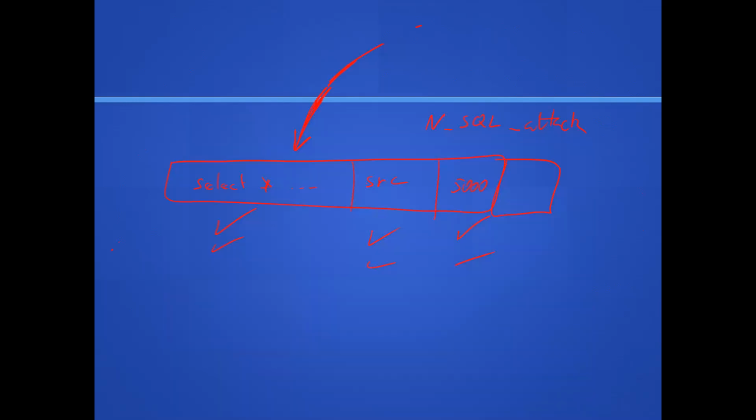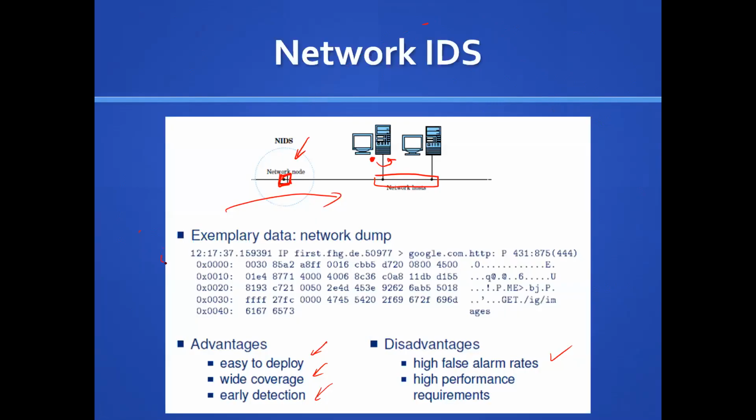Let's say that this select statement is actually encrypted, which, as you know, what does that mean? It means that it would be a whole bunch of gibberish, right? So what do you think will happen to the intrusion detection system if this is gibberish? That is to say, if it's encrypted as it goes through the network device. What happens to that signature? What do you think?